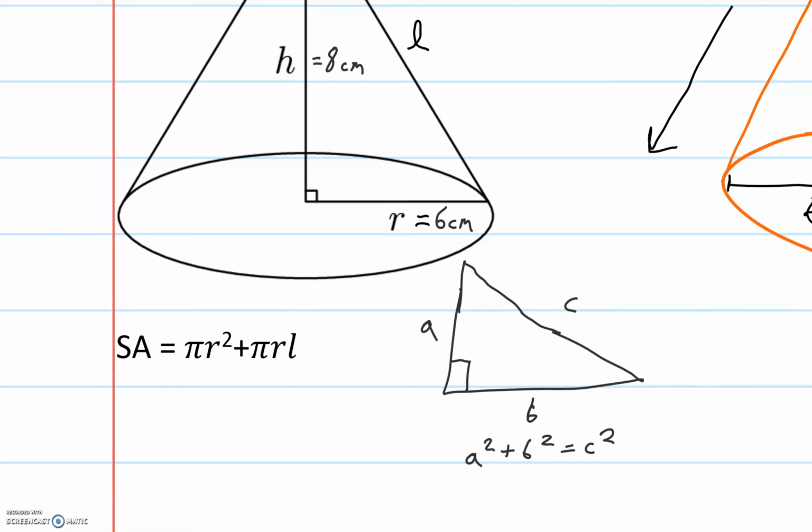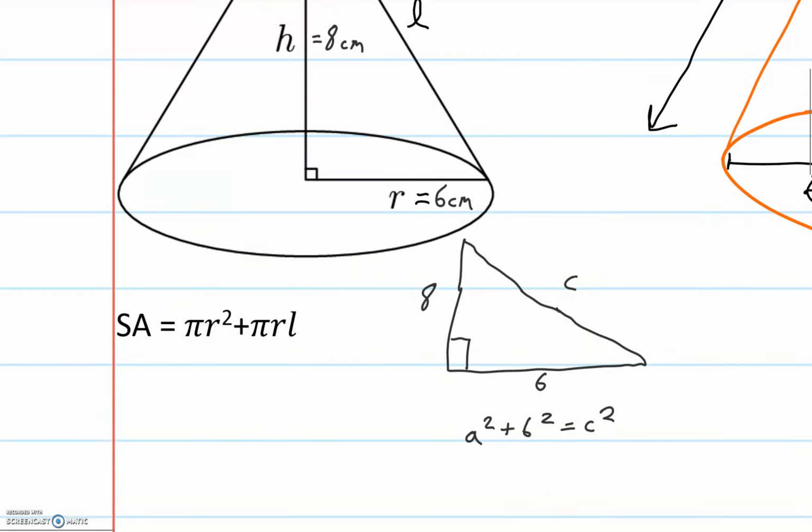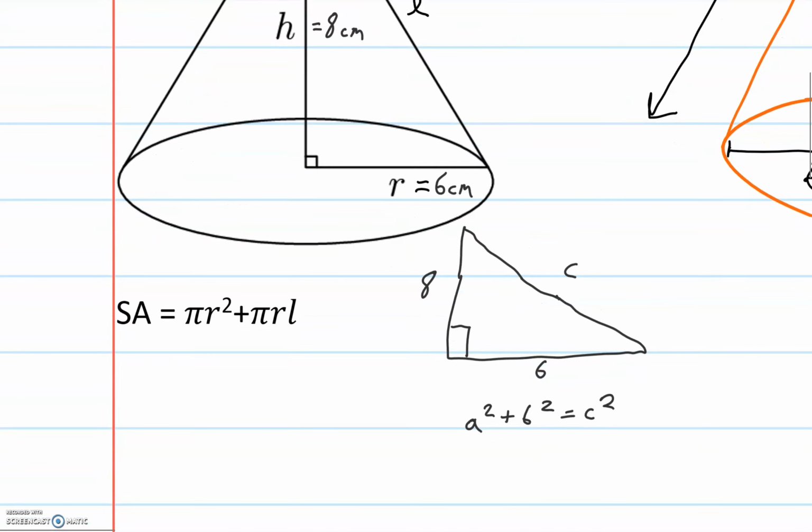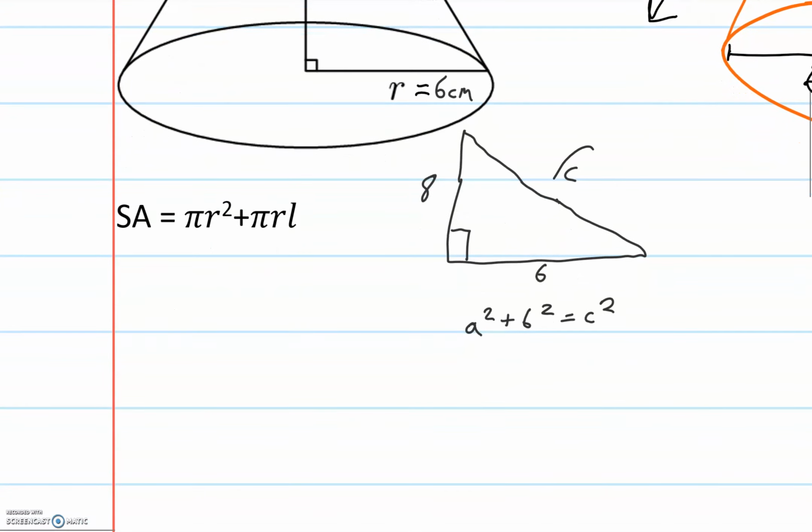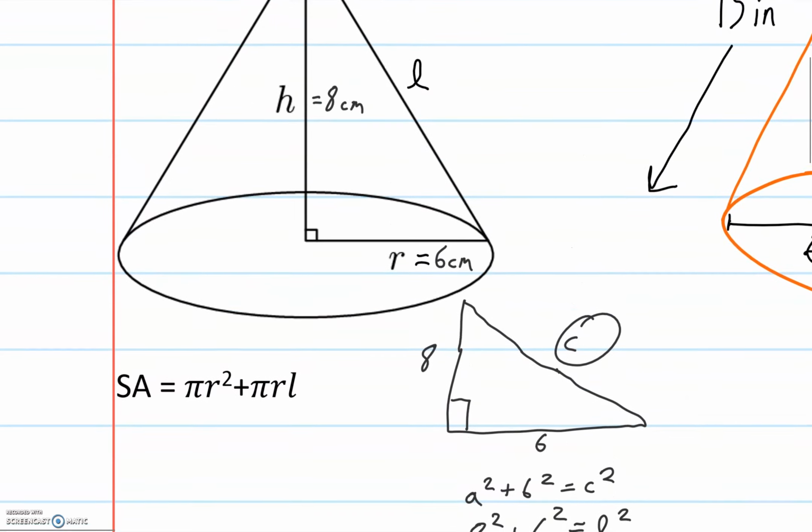We have 6 on one side and 8 here, and we need to figure out L, which in this case is position C. So A squared is 8 squared, plus B squared is 6 squared, equals C squared, which is L squared, if we compare it to our original triangle.